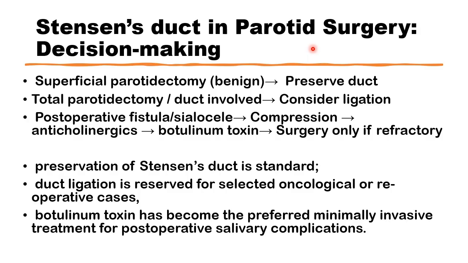And finally, to sum up, these are the decision-making steps for Stensen's duct in parotid surgery. If the operation is a superficial parotidectomy or for a benign lesion, then attempts should be made to preserve the duct. If it's a total parotidectomy, particularly for a malignant tumor, and the duct may be involved, then consider ligation of the duct. If there is a postoperative fistula or sialocele, then you try first the conservative management with compression and anticholinergics.